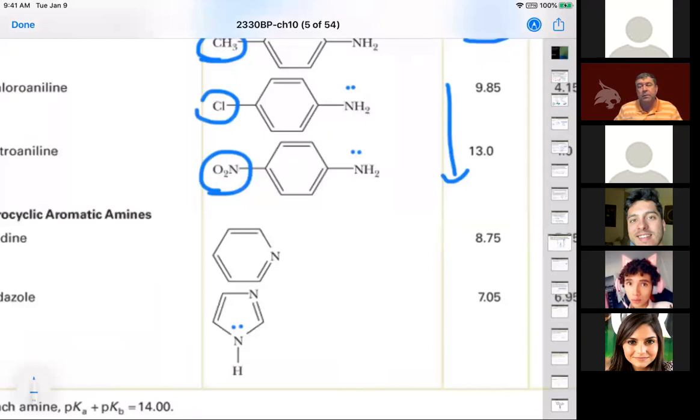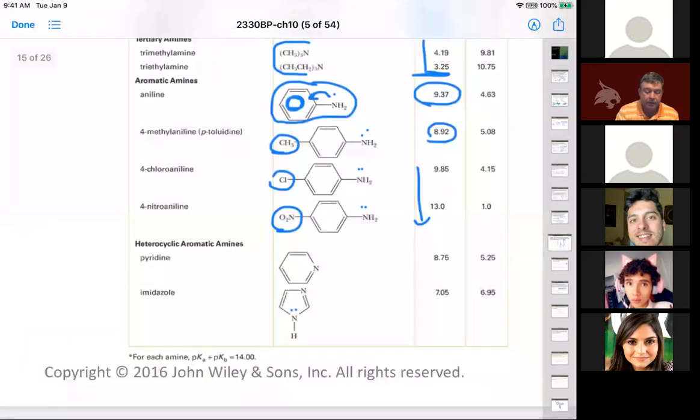So it's somewhere right in between. So if we wanted to rack and stack this into a general trend, aliphatic amines are the strongest bases, weakest conjugate acids. The heterocyclic aromatic amines are the next strongest. And the last ones, the weakest bases, are the aromatic amines.